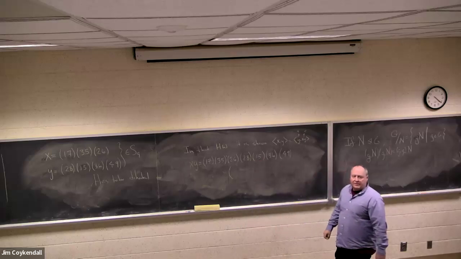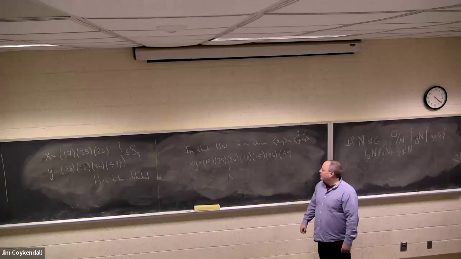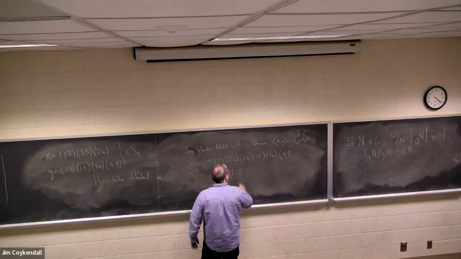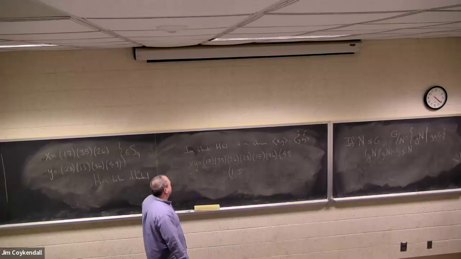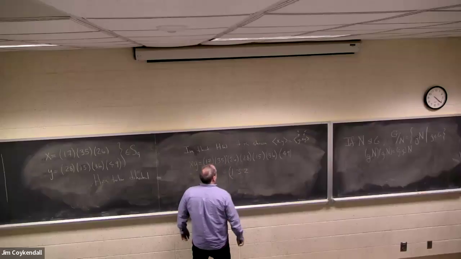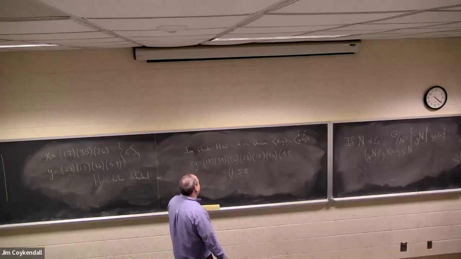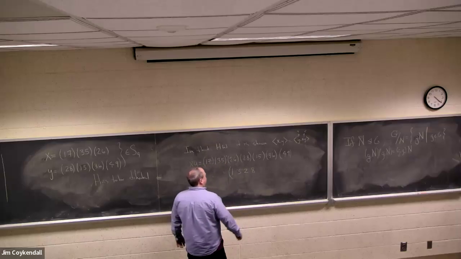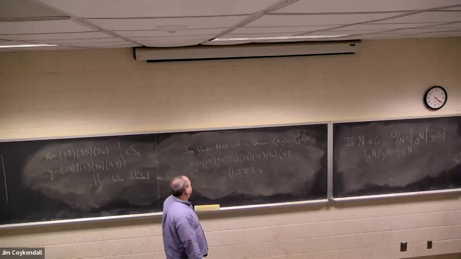Let's see what this is. Where does 1 go? 3. And 3 goes to 2. 2 goes to 8. 8 goes to 6. 6 goes to 3, back to 5.